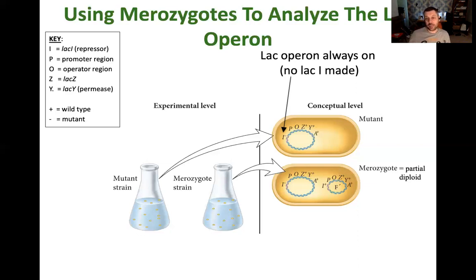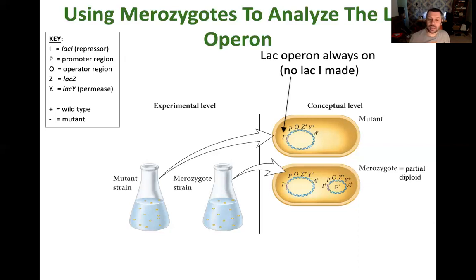And then what experimenters did was they took a second piece of DNA, a smaller piece of DNA, as shown by this little circle here. They called this F prime, which just meant a plasmid. You may have talked about this in the lab portion of this class. I'm not sure because of our current situation.